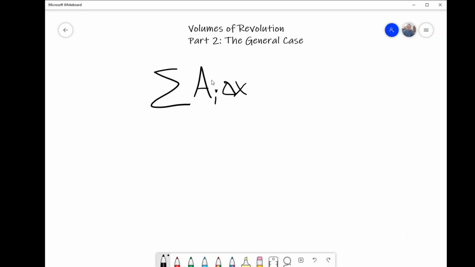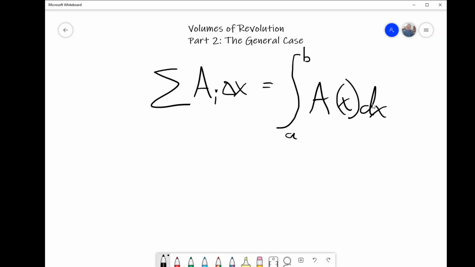And if we take this sum, make it an infinite sum of infinitely thin cylinders, then what we're really doing is taking the definite integral of a function that represents the cross-sectional areas at that point, and adding these up.